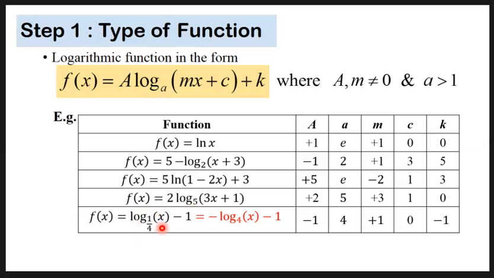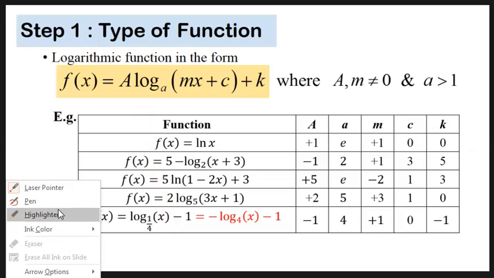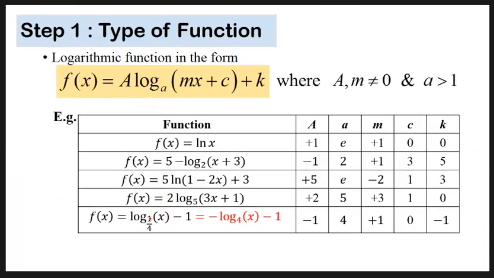And what if, like the last example here, the base is less than 1, what do we do? We change base. In this case, from 1 over 4, we simply take this value, 1 over 4, and change it to 4 over 1, which gives us the idea to change to base 4.